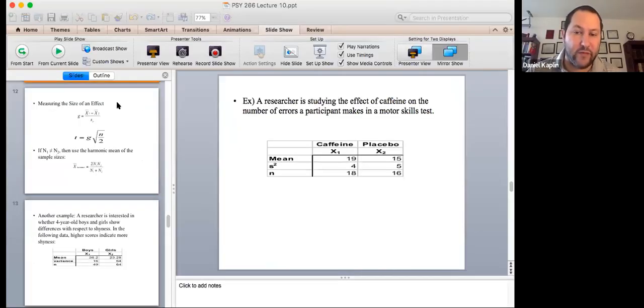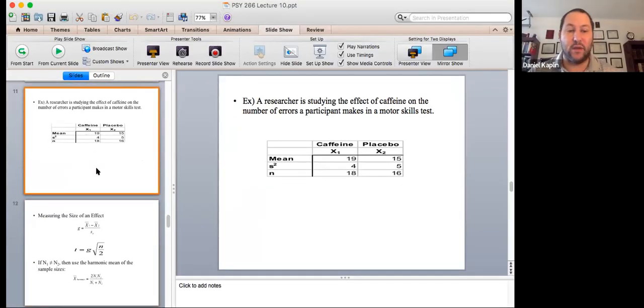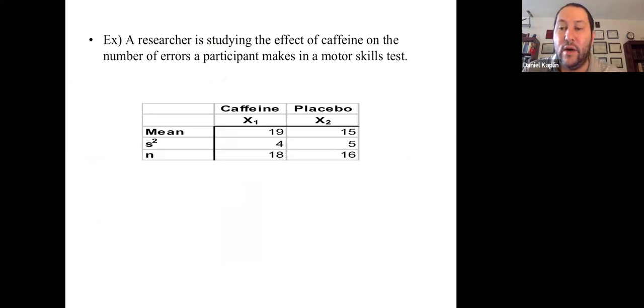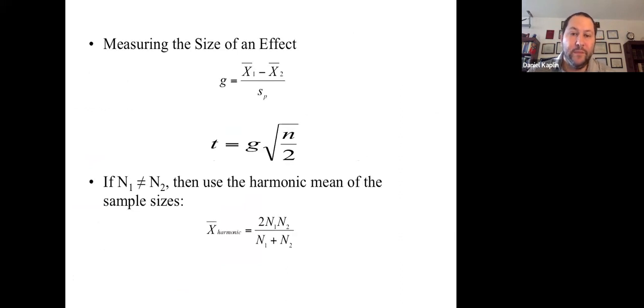But now we have to start talking about, I don't know if you noticed, that the sample size was different, right? But there is a calculation. I want you to know it in concept. You don't need to know how to calculate the test, but there is a calculation for what's called harmonic means, right?